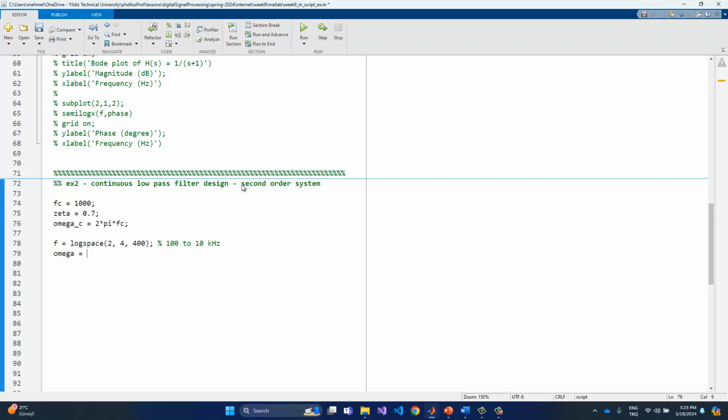And so omega should be applied as 2 pi f, and what's the value of the transfer function here? H can be calculated with omega c squared over 2, this dot over 2, this is element-wise operations here, and then 2 zeta times omega c times 1i times omega, right?